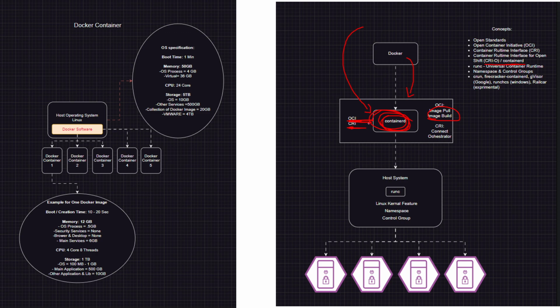So when you use OCI, which is Open Container Initiative, you can use the Open Container images as well. Open Container images are what you find as an image in your Docker Hub, where you have a lot of images. Docker.io has a lot of images.